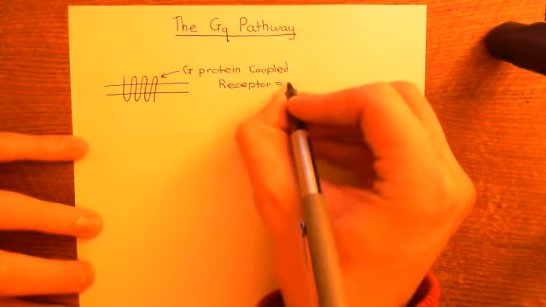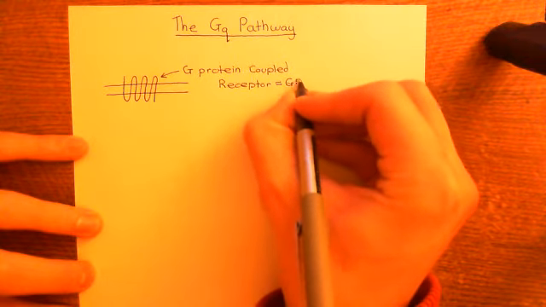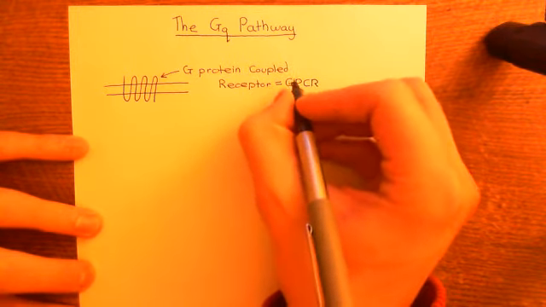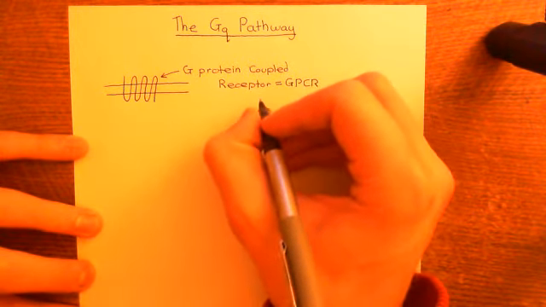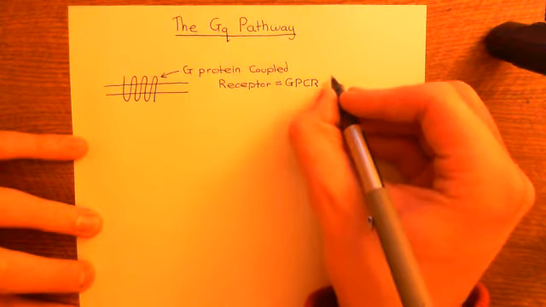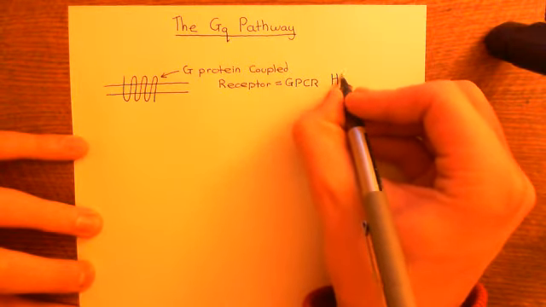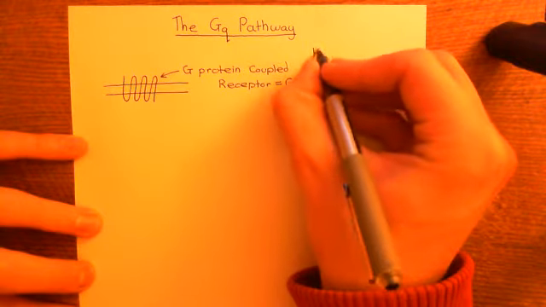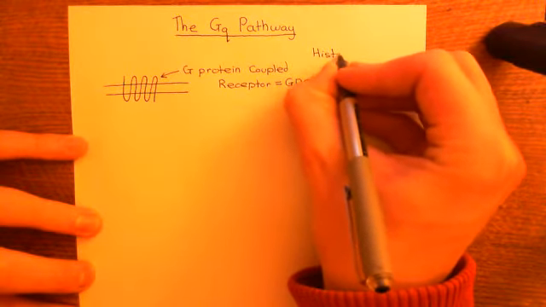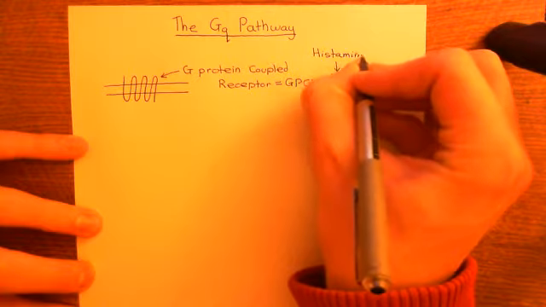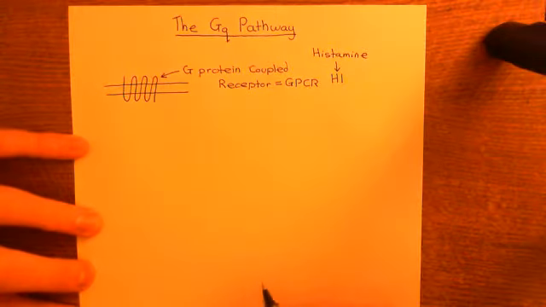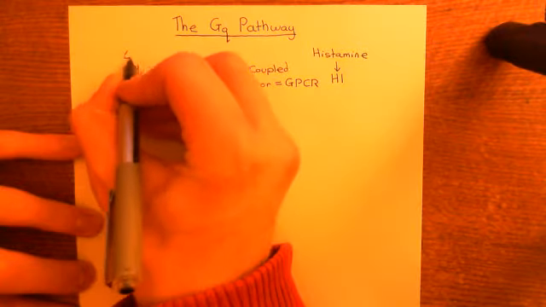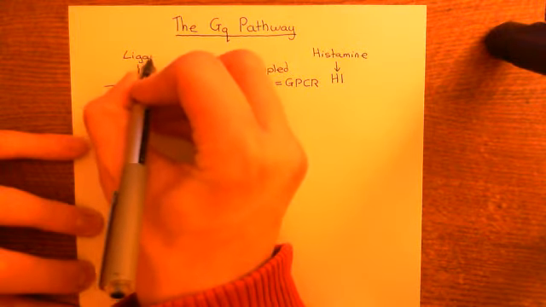However, if you do want a specific example of a G protein coupled receptor that is coupled to the GQ pathway, then an archetypal example would be the H1 receptor, and its ligand would be histamine. So you can imagine that our ligand is histamine, and this receptor is the H1 receptor if you want a specific example. But more generally, you'll just have some ligand binding to this G protein coupled receptor.